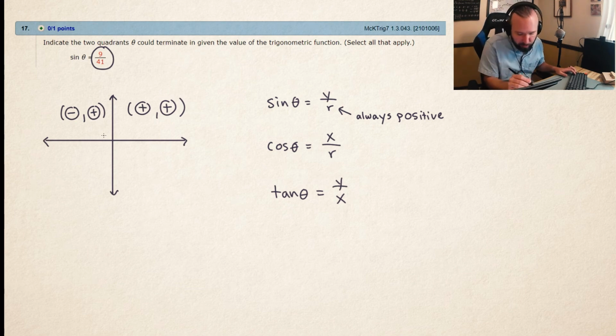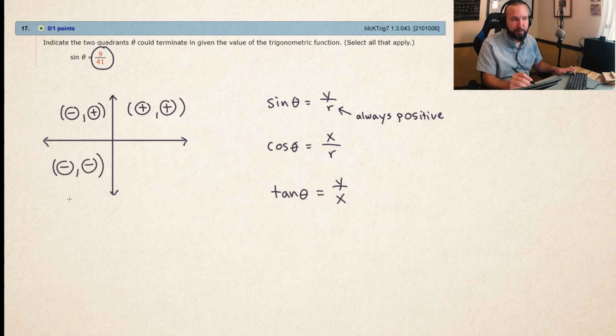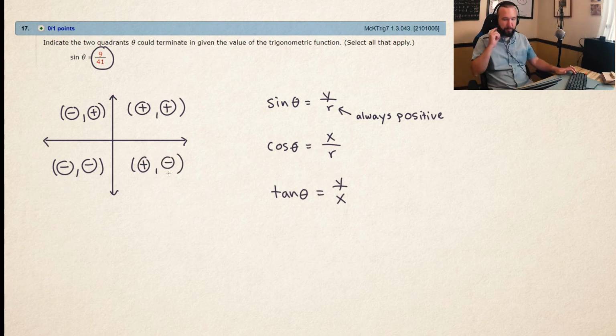To get into quadrant 3, I would have to go left and then down, so both coordinates are negative. To get into the fourth quadrant, I would have to go right and down, so x would be positive and y would be negative.